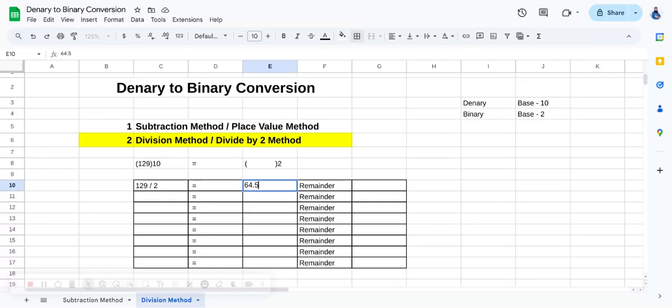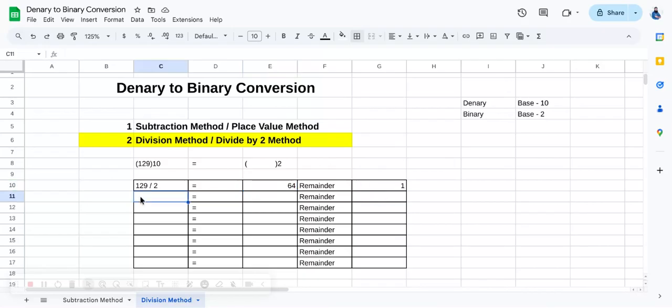But we do not write the decimal number. Instead of this 0.5, we erase it, leave 64, and in the remainder we write 1. Whatever decimal value you get at this stage, instead of writing the decimal, you just leave the whole number and in the remainder column you write 1.